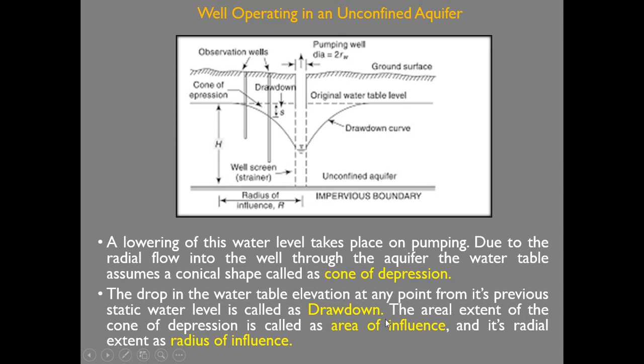The areal extent of the cone of depression is called the area of influence. So from here to here, this is the area of influence, and its radial extent is the radius of influence.